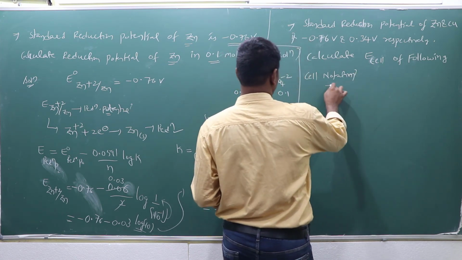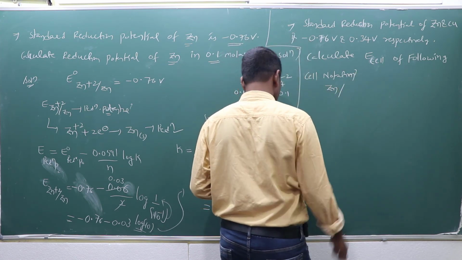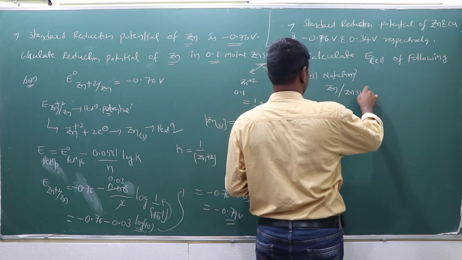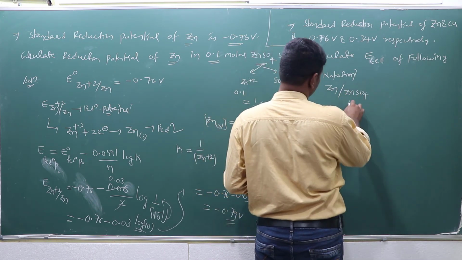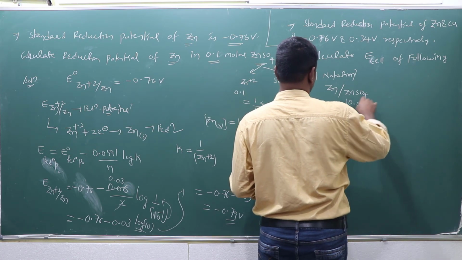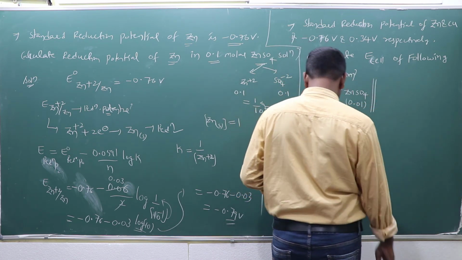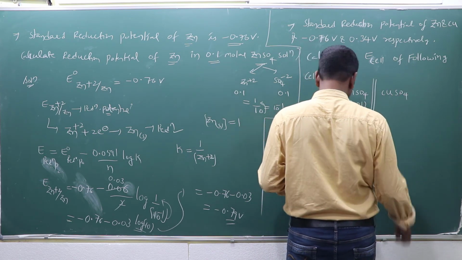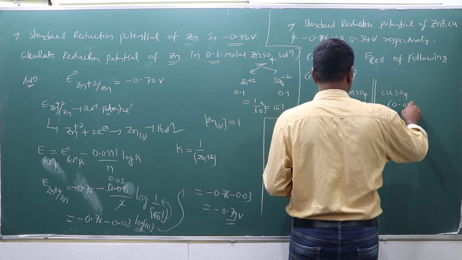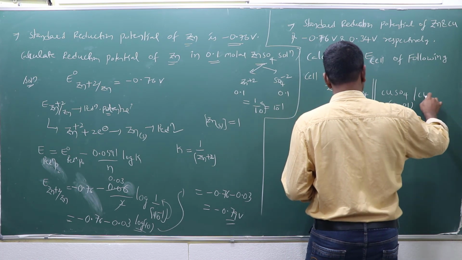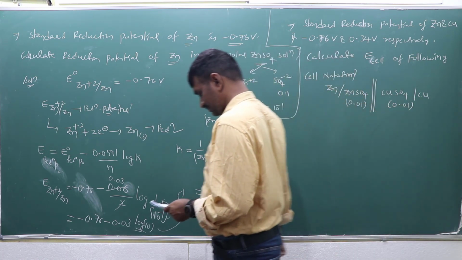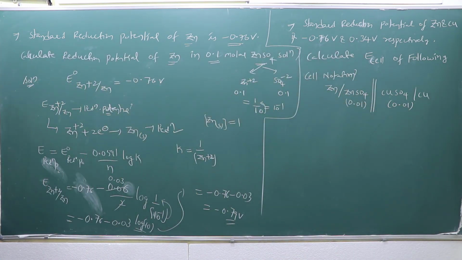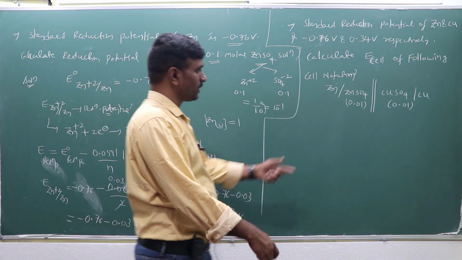That cell notation is given as zinc sulfate 0.01, and salt bridge is mentioned, double vertical line, CuSO4 0.01 molar concentration and Cu. How to calculate that? If it is given like this, how can you calculate?